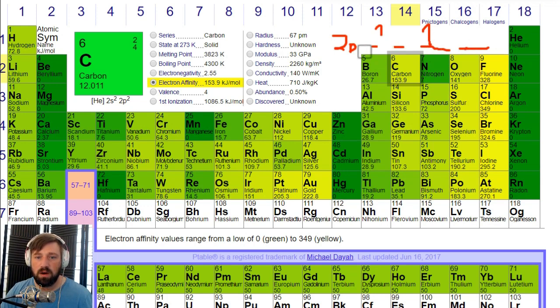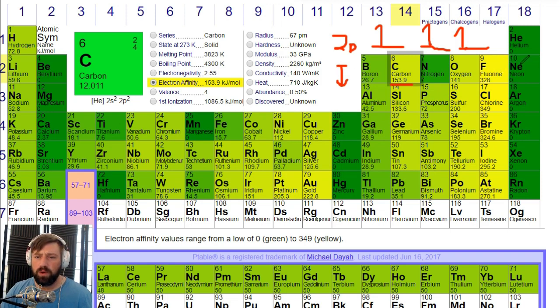So if this is carbon, and I were to add another electron, that would mean it's going from something that's high potential energy down to much lower potential energy. So we're releasing a lot of energy. So carbon has a very high electron affinity because we're moving from a very unstable setting where it's not half full to a more stable setting where it is half full.